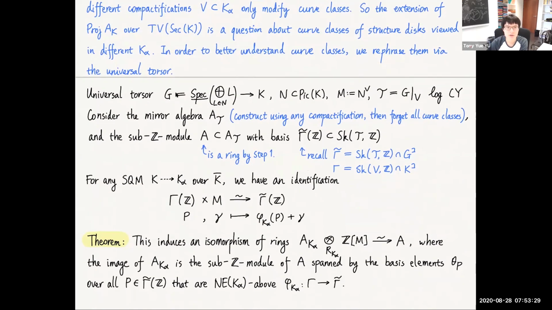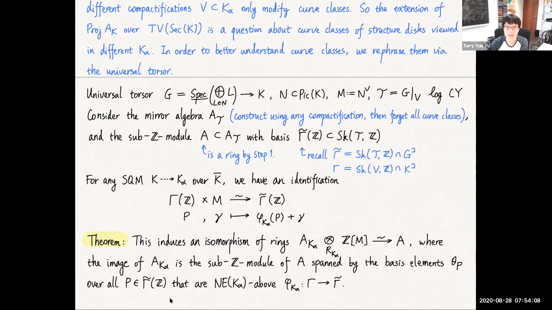By considering the universal torsor, we can obtain an isomorphism of rings between the extension of our mirror algebra for K alpha to Z[M], M the dual of the Picard lattice, with some subalgebra A of the mirror algebra associated to this universal torsor T, where we forget all curve classes.